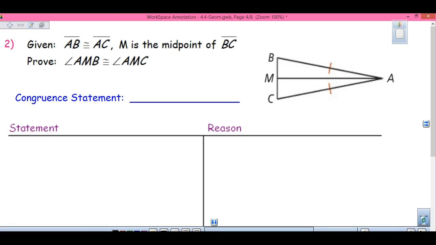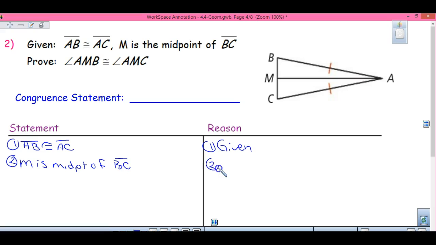Okay, so if we look at this one, it tells us what? Okay, so we've got AB is congruent to AC. That's given. What else is given? M is midpoint of BC. That's given, okay? So now based off of that, what can I say?